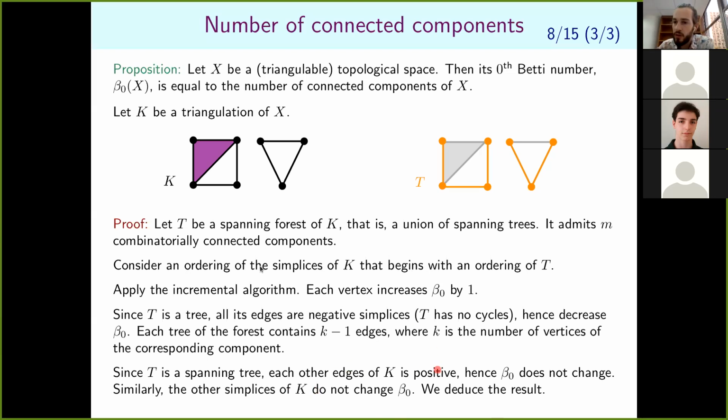So when I add all the edges, I will increase beta 1, but beta 0 remains the same. And then I add higher dimensional simplices. They do not change beta 0. So yeah, this is it. My beta 0 at the end of the algorithm is the number of connected components.